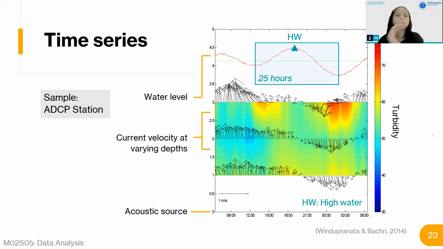So this is a time series sample. This is an ADCP station. For example, this is your acoustic source, where your beam starts. This is the first bin, the first reading. The resolution of the data is maybe a tenth of this bin.